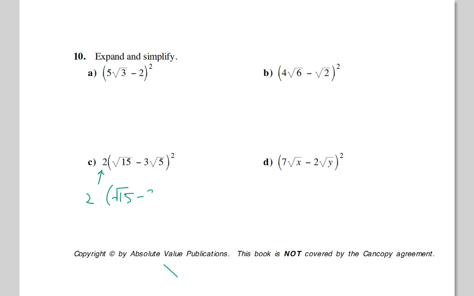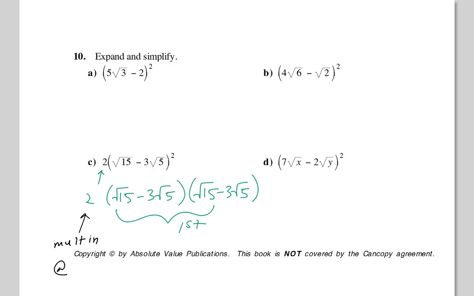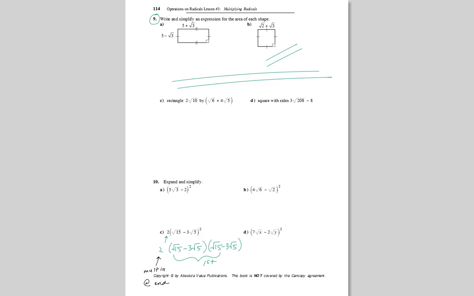Just deal with the FOIL first, and then multiply the 2 in last. So do this first, and then multiply in the 2 at the end. So that's 10.